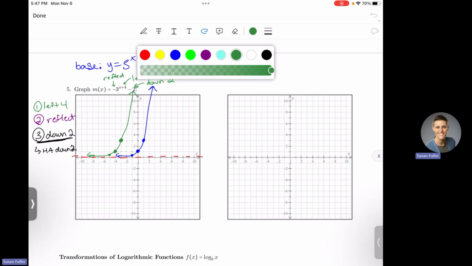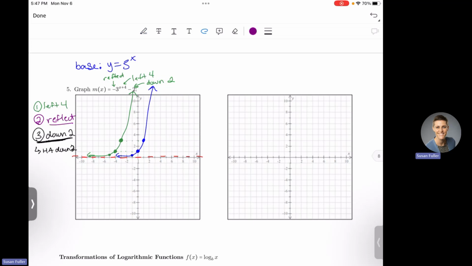All right, the next thing that we need to do is reflect this thing vertically over the x-axis. So I'm going to take my green one, and I'm going to reflect everything up and down across the x-axis. So I'm going to take everything that's positive and make it negative. So here, this first dot here is 3 units above, so it's going to reflect to 3 units below.